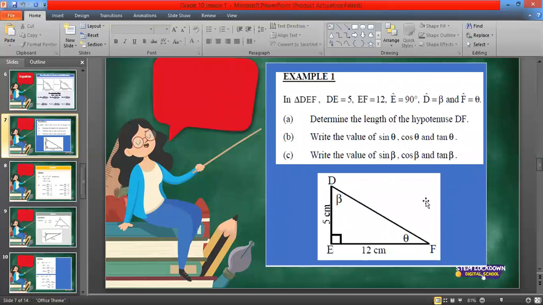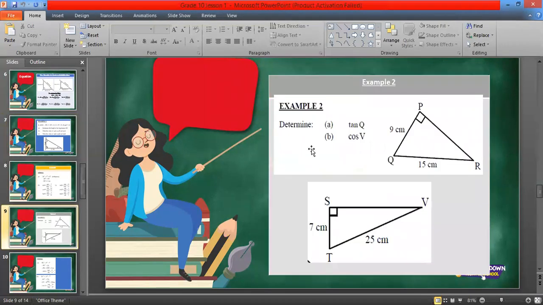Don't forget TOA: opposite over adjacent. Our opposite side to beta is 12, and our adjacent is 5. So our tan beta will be 12 over 5. Right, so let's look at other examples.